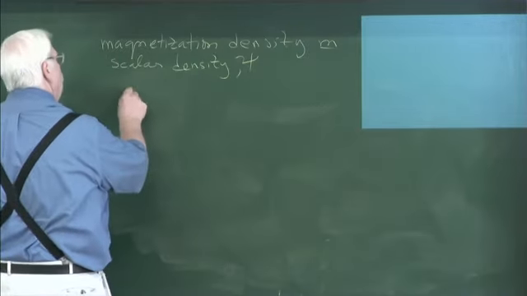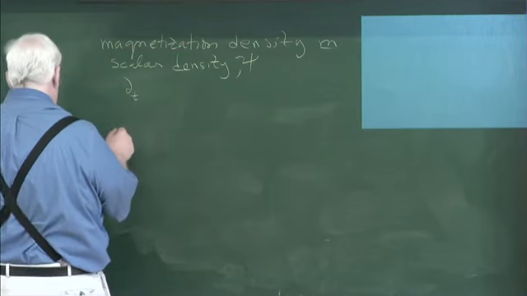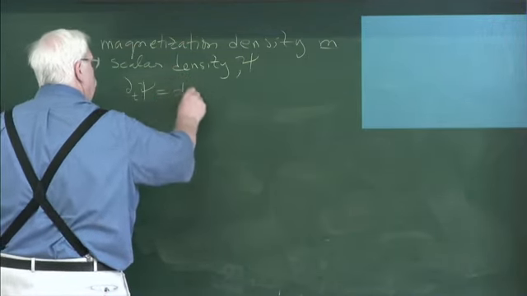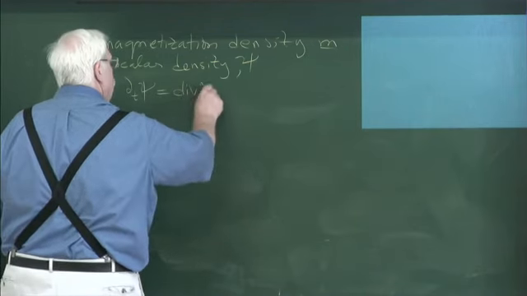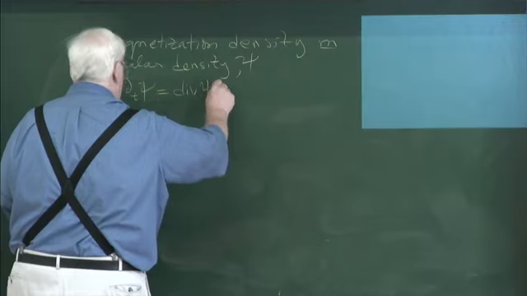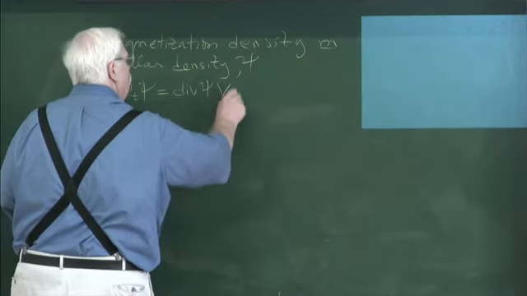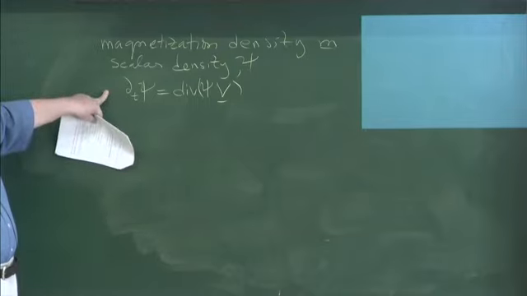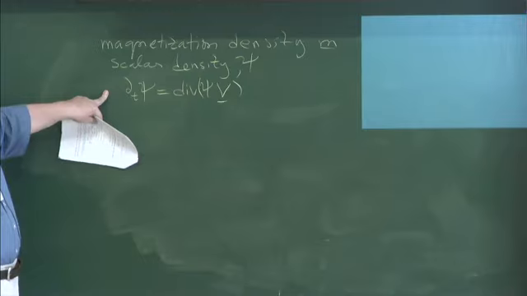They satisfy an interesting equation. d by dt of psi is the divergence of psi times v. Okay, continuity equation, as you'd expect. And next time I'll tell you why you expect this stuff too.